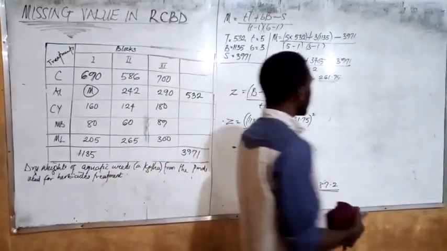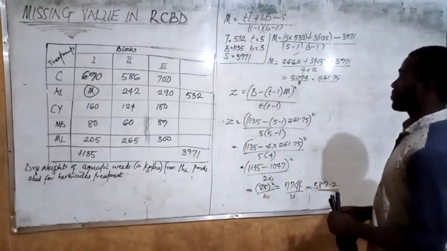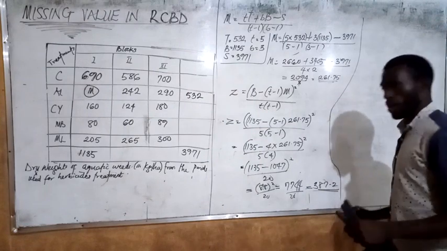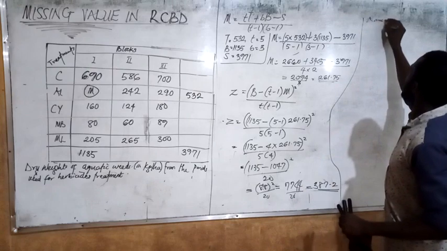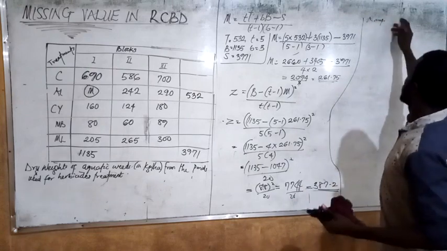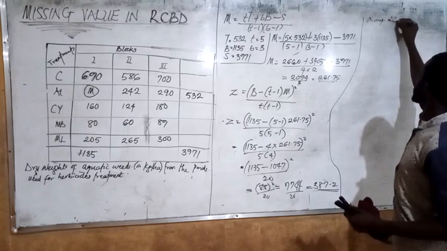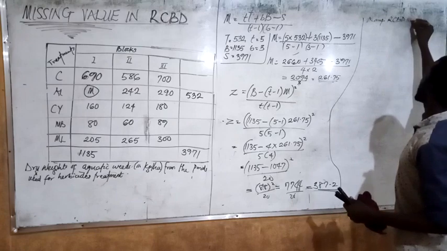Alright, so then we go on to solving the normal series of computation. So our name is what? The name of the design is what? The Randomized Complete Block Design with missing value. Now, this is not necessary.